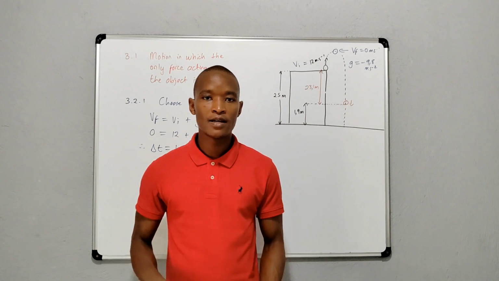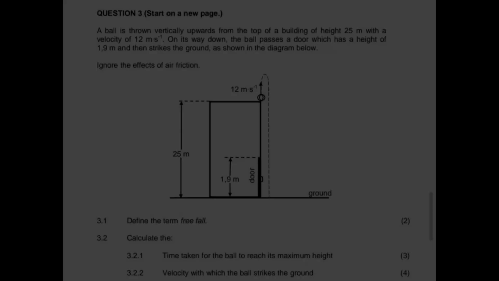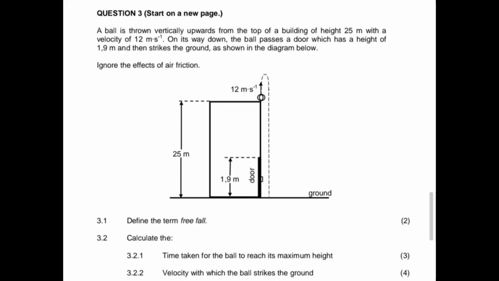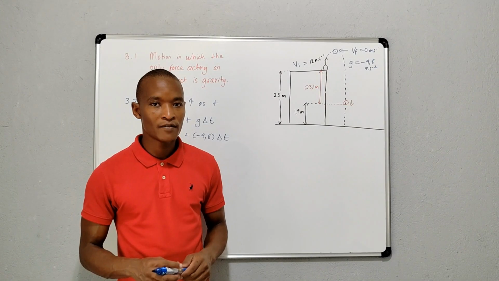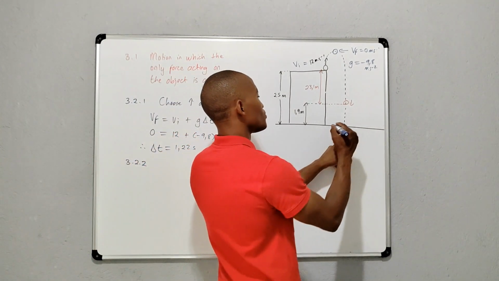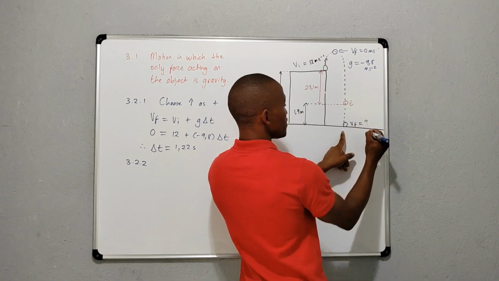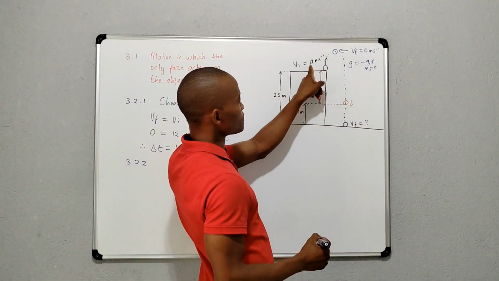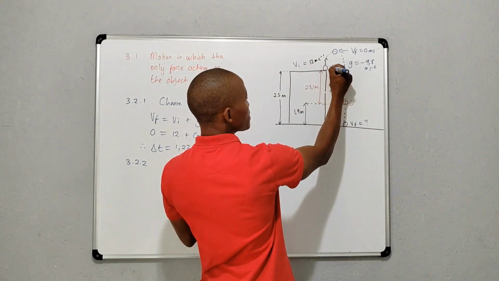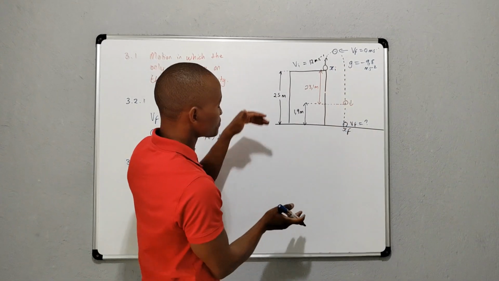Great stuff. Let's go to 3.2.2. Now we want the velocity with which the ball strikes the ground. So when the ball hits the ground, we are asking what is Vf. We know Vi, and this is our initial position, and this becomes our final position.